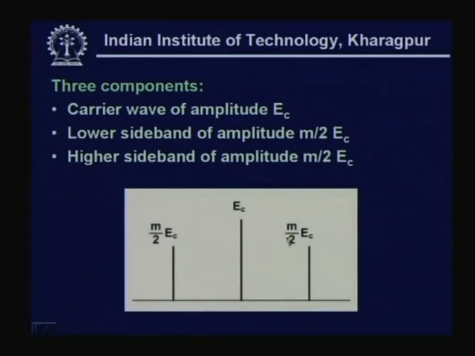That means the sideband frequencies will have amplitude equal to Em by 2, because m by 2 into Ec, with m equal to Em by Ec, the Ec will cancel out and give you Em by 2. That means the amplitude of the side frequencies will be equal to Em by 2, which is dependent on the amplitude of the modulating signal.